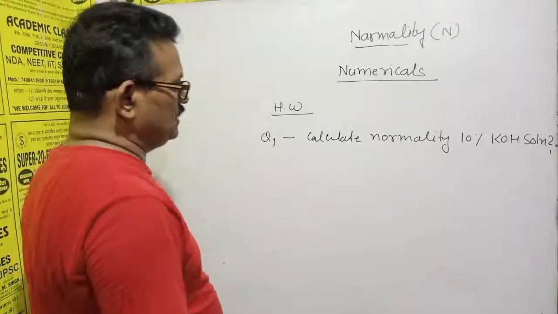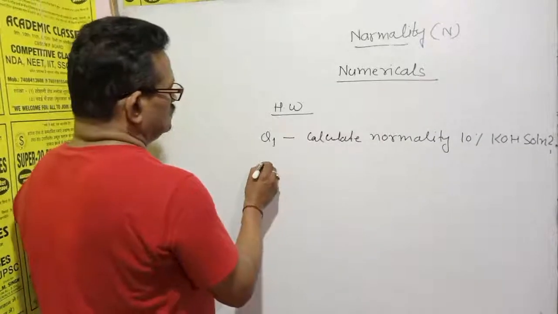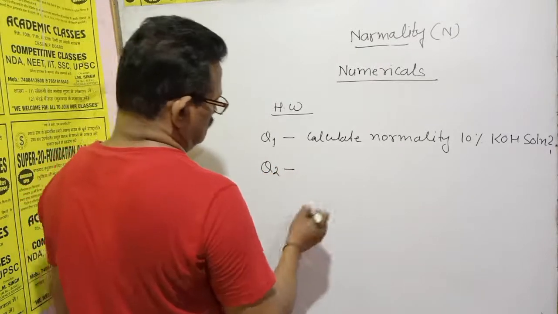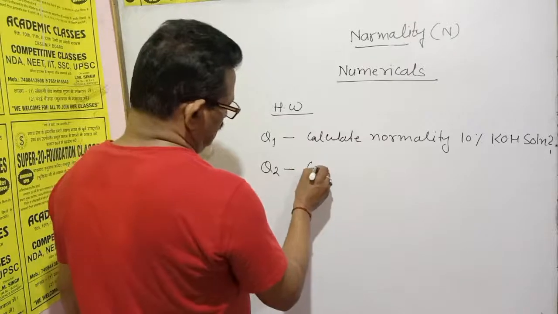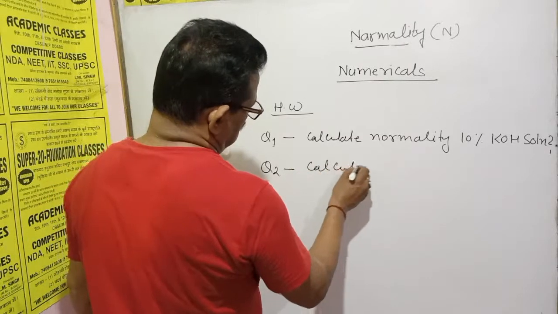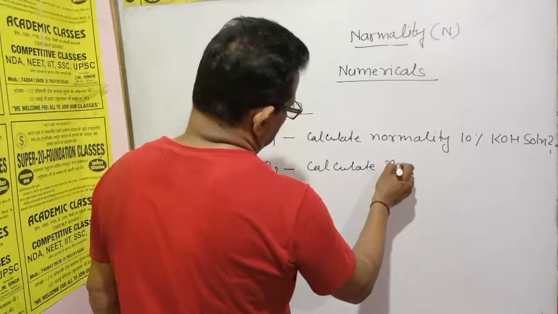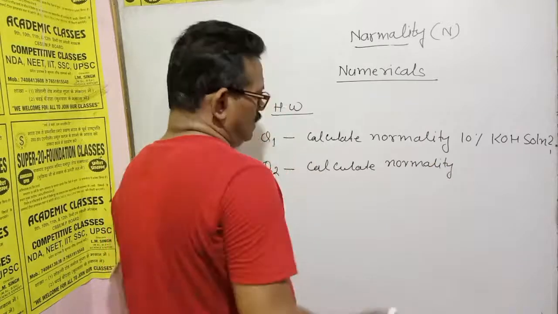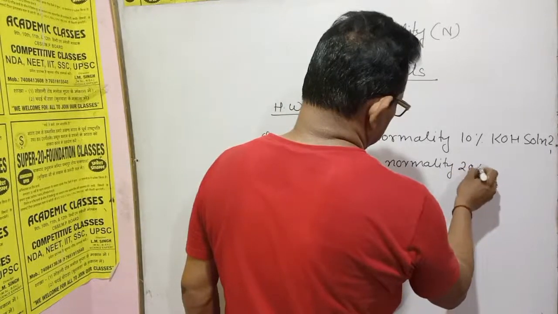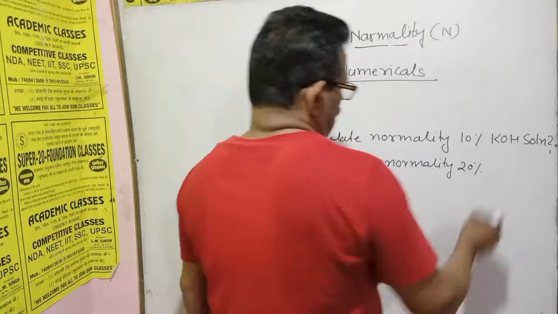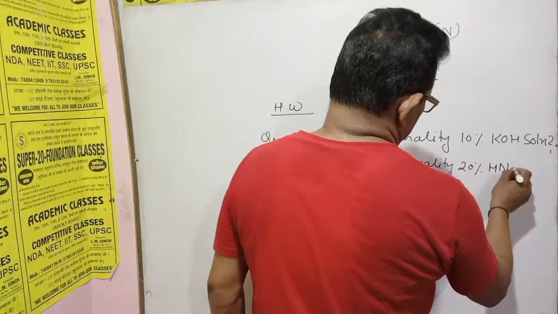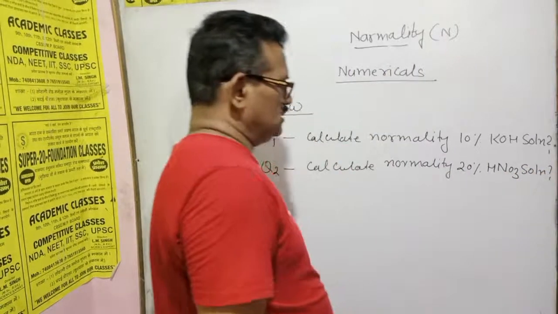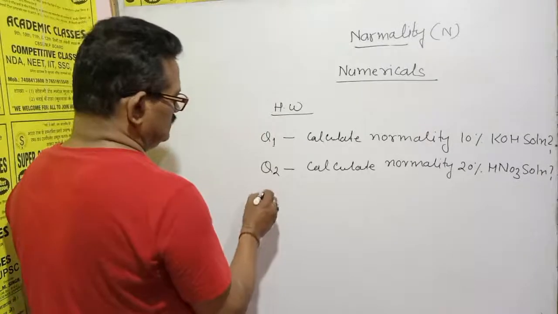Calculate the normality of 10% KOH solution. Question number 2: calculate normality of 20% HNO3 solution.